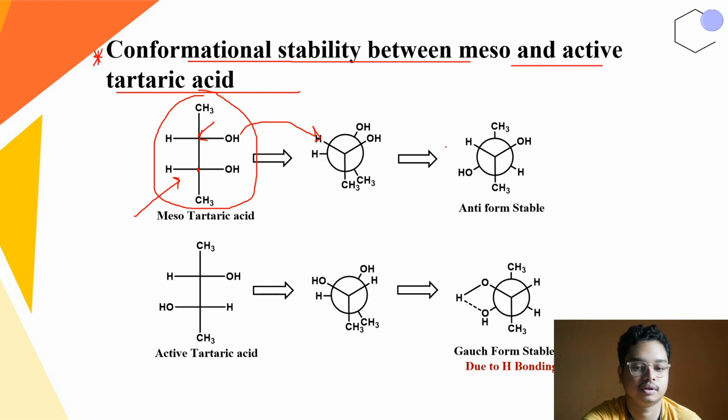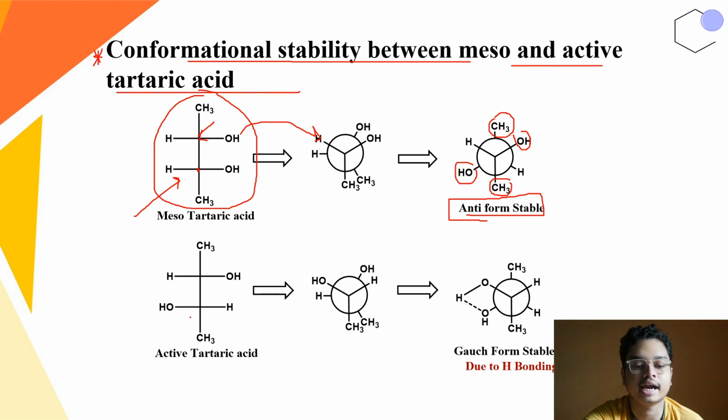After that we have to rotate this form. And here you can find that these two CH3 are anti, as well as the OH groups are anti to each other, and there is no chance of hydrogen bonding. So in the case of meso tartaric acid, the anti form is more stable than any other form.